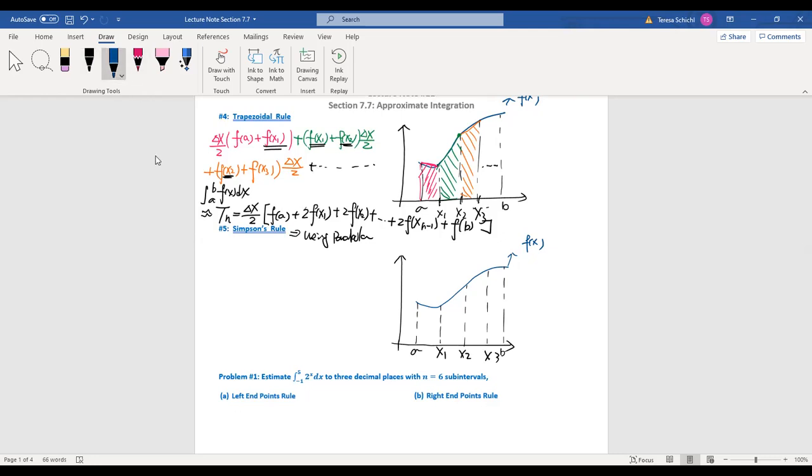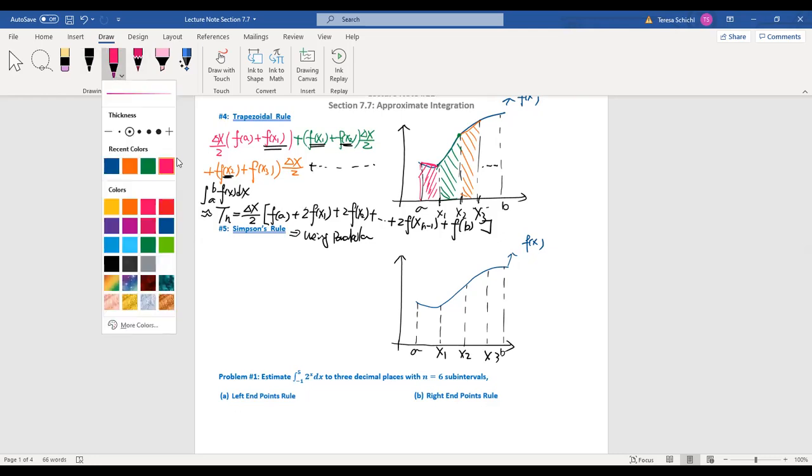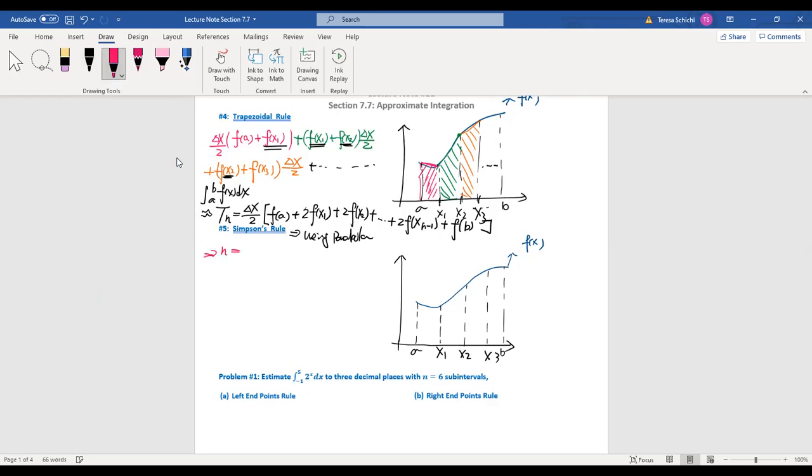So what do I mean by the parabola? In order to use the Simpson rule, the first thing is that n has to be even. That means the number of subintervals you divide into has to be even. Here is the reason why.